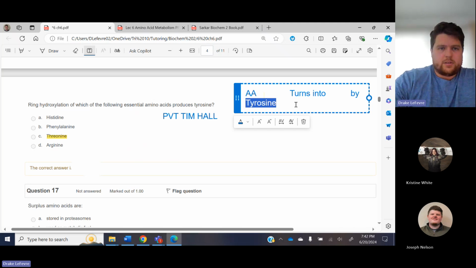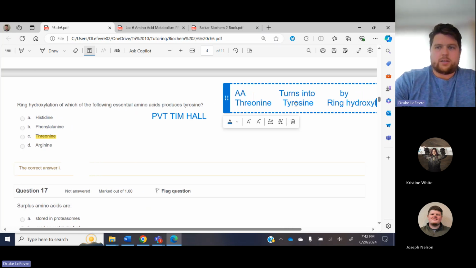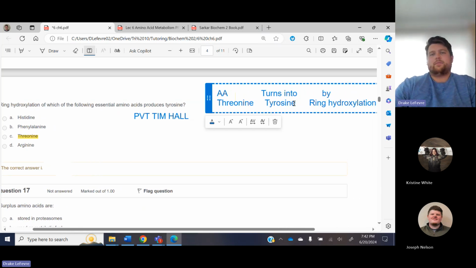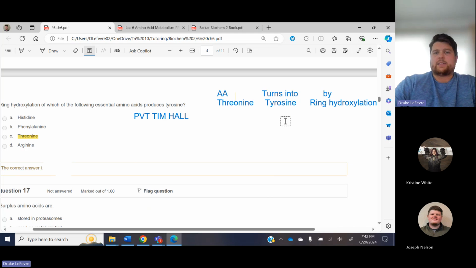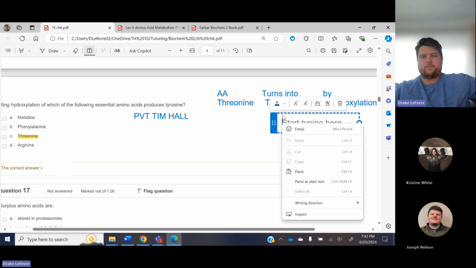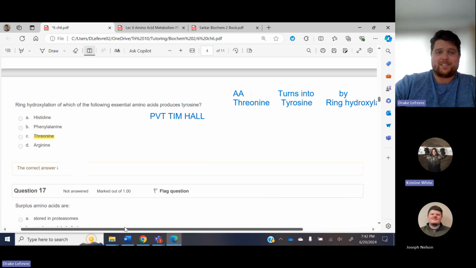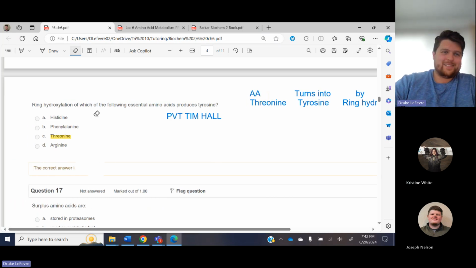Actually, this would be threonine turns into tyrosine by ring hydroxylation. And that's how I'd start to make a chart. And just do it for all of them, and then study the crap out of it.